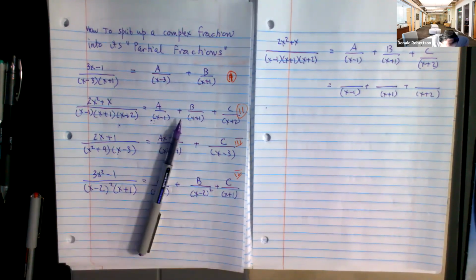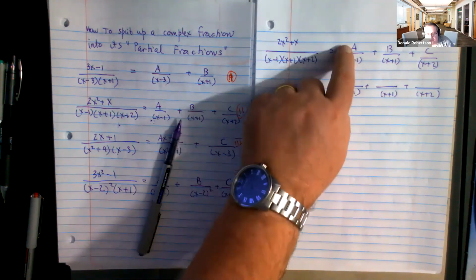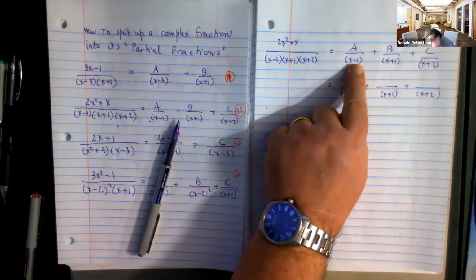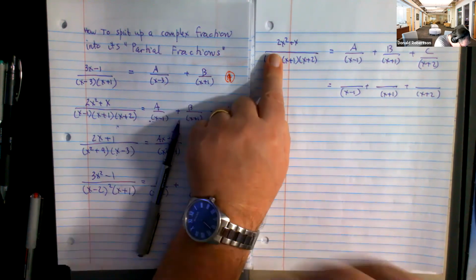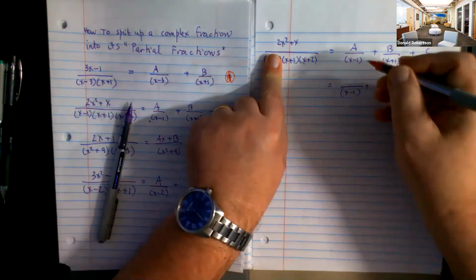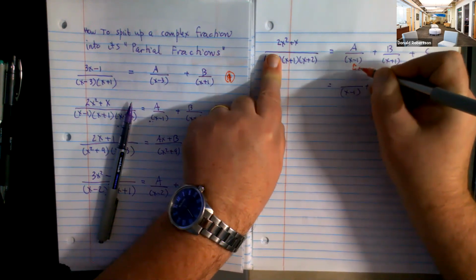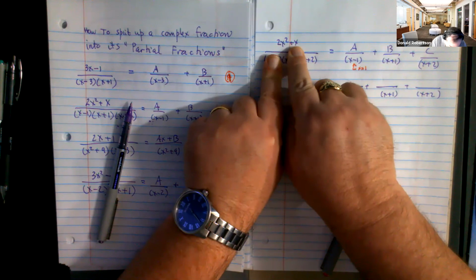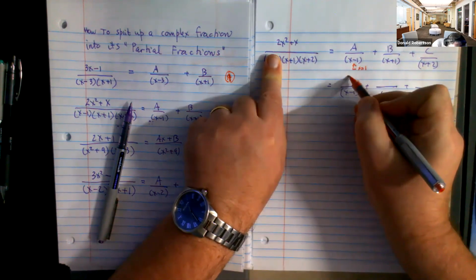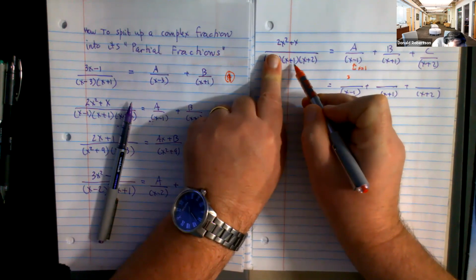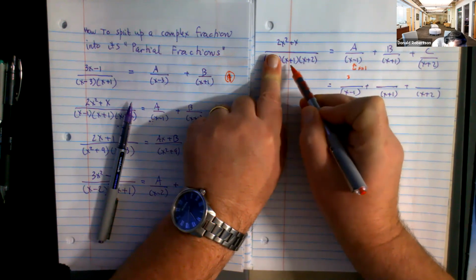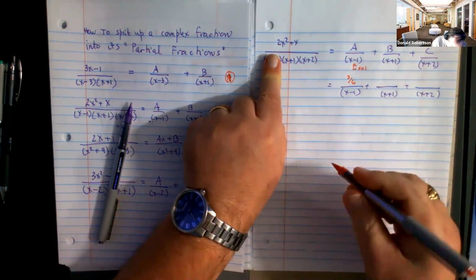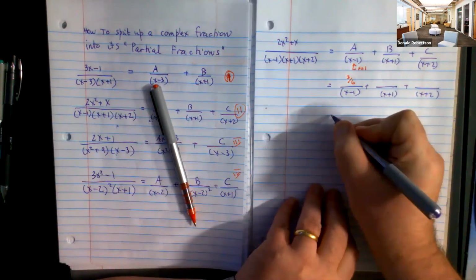Here goes. Let's find A. On the A, it's an x minus 1, so I'm covering up x minus 1. What value of x do I use? I use 1. 2 lots of 1 squared plus 1, that's 3 on the top. 1 plus 1 is 2, 1 plus 2 is 3, 2 times 3 is 6. So I end up with a half.